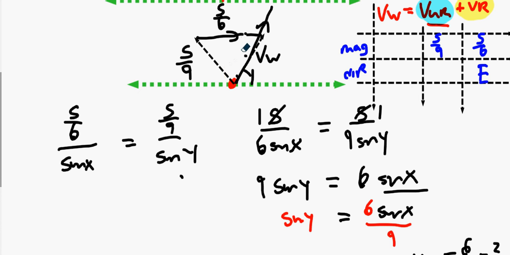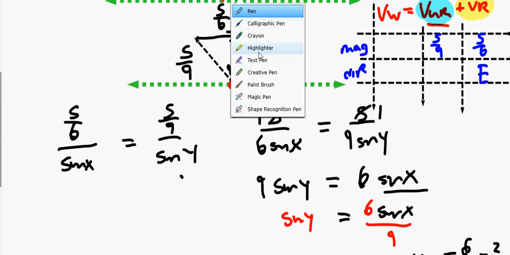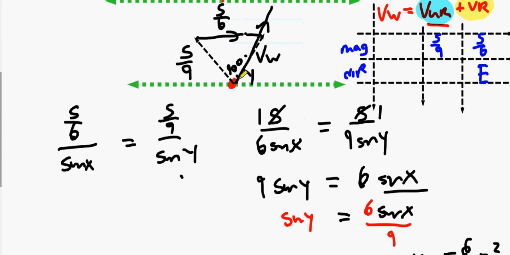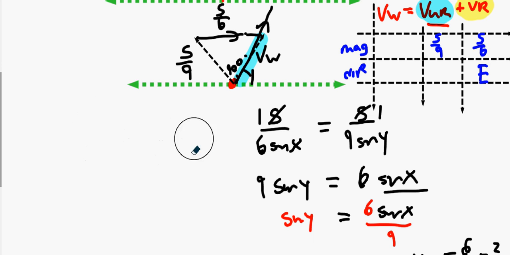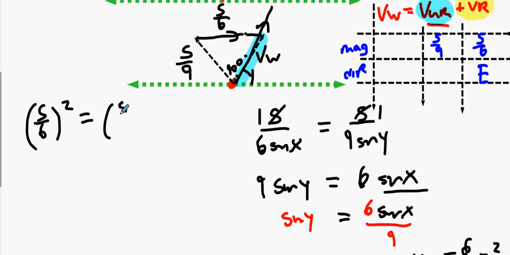So that's 90 degrees, and here's what we can do. I can find out the speed that she goes off in. So this little line here, I'm going to find out what speed she's actually going. Now, the longest side is 5/6, so it's 5/6 squared equals 5/9 squared plus VW squared.